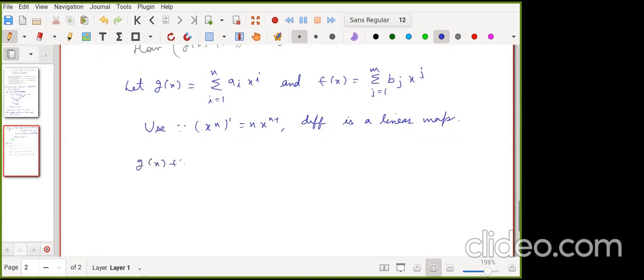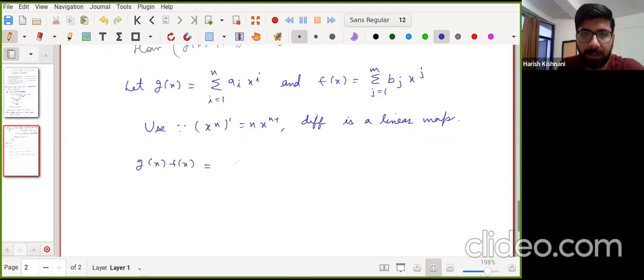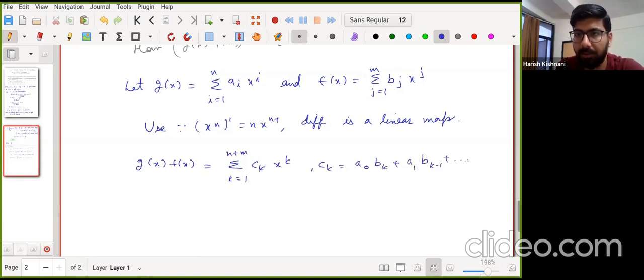So what is g(x) f(x)? It is the summation of c_k x^k, k from 1 to n plus m, and your c_k is a_0 b_k plus a_1 b_(k minus 1) and so on to a_k b_0, or in other words, the summation of a_i b_(k minus i), i from 0 to k.